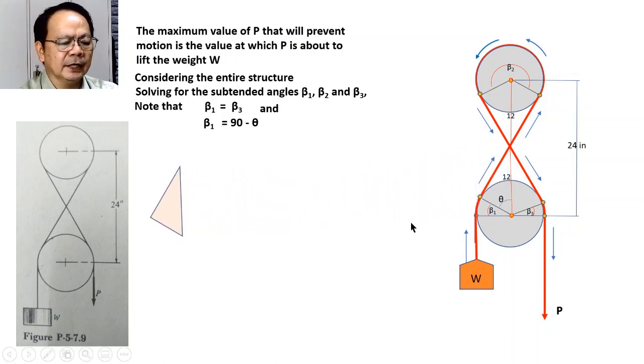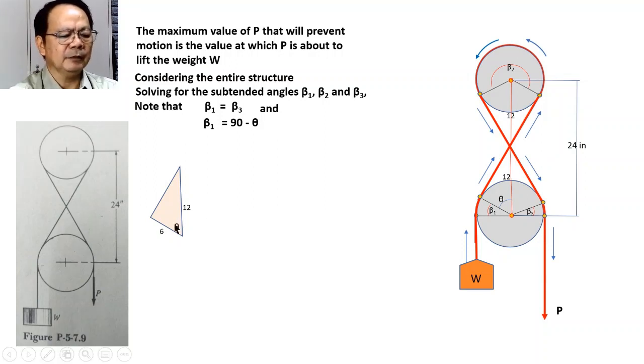And this triangle has the following sides. This side of the triangle shall be 12 as indicated in the illustration, while this side of the triangle is equal to the radius of the post, which is equal to 6 inches because the diameter of the post is 12 inches.